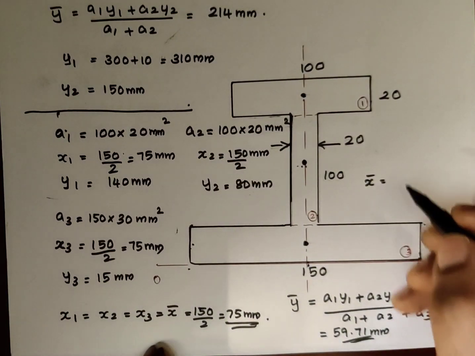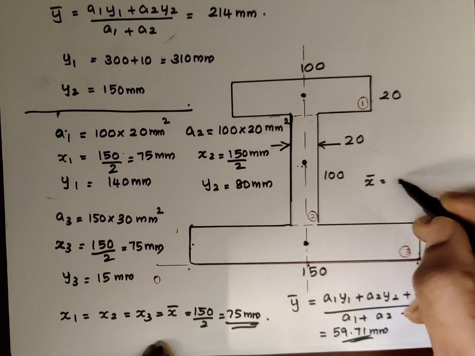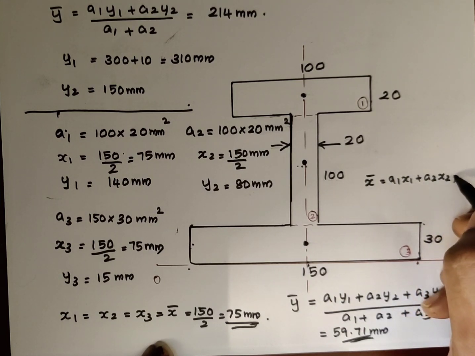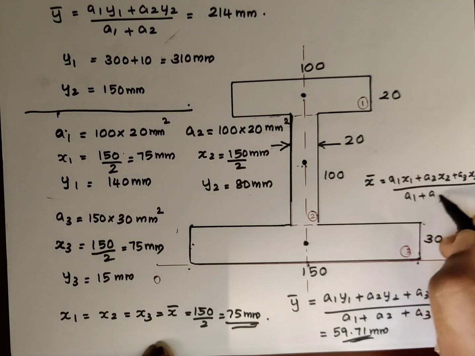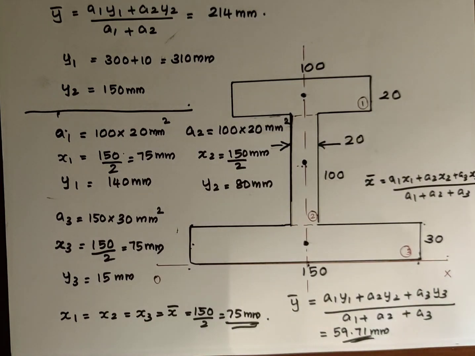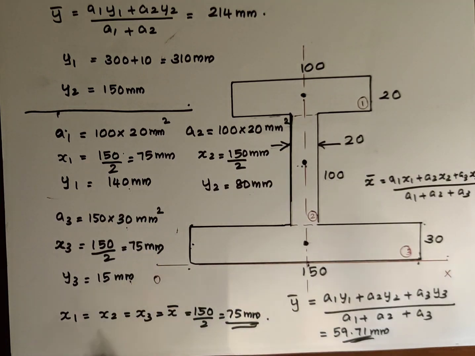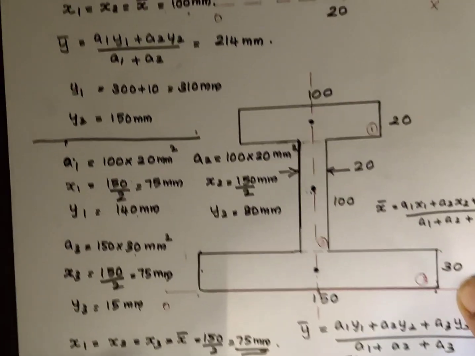Instead you can write this equation, but you have to include the equation. X bar is equal to a1 x1 plus a2 x2 plus a3 x3 divided by a1 plus a2 plus a3. So this equation carries marks. Usually you have to write the equation based on the question, and for all these values you will get marks. So this is how you have to calculate the centroid of a composite section.